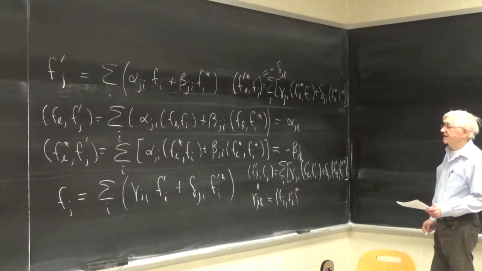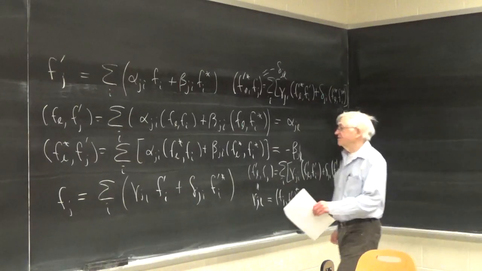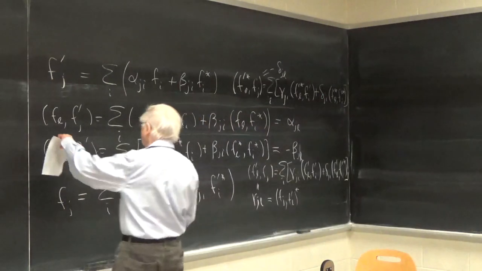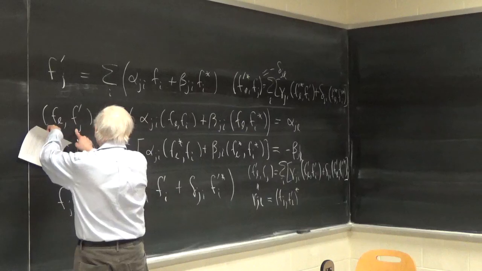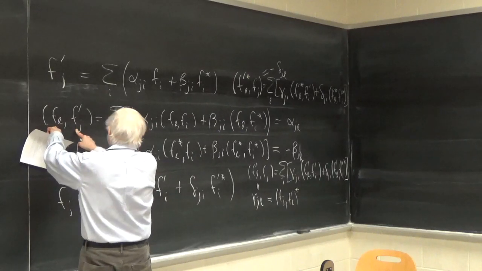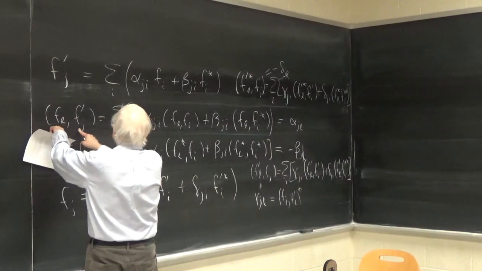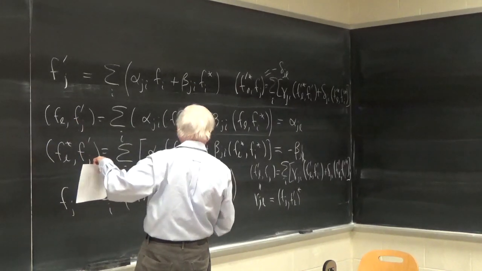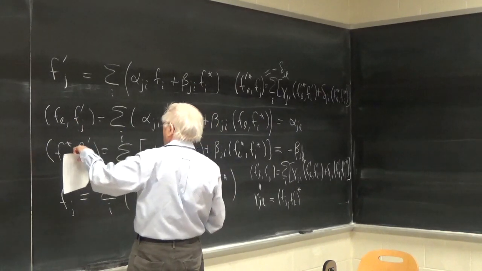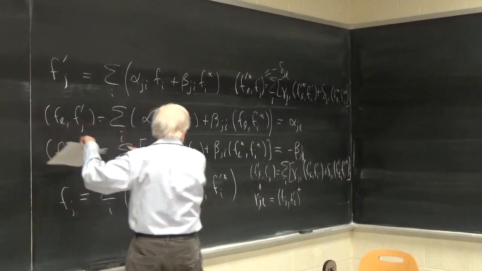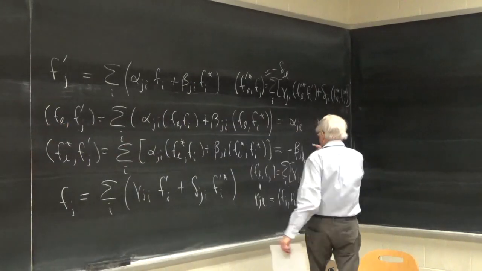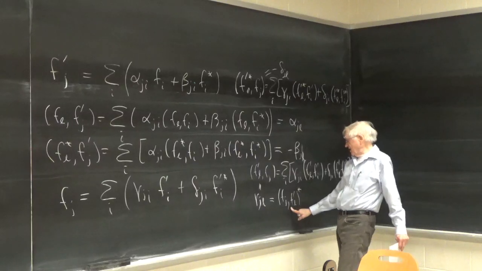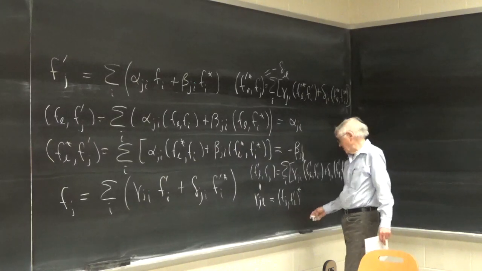On the other hand, FJ and FF prime is an alpha, and what we have here is an FF prime complex conjugate.